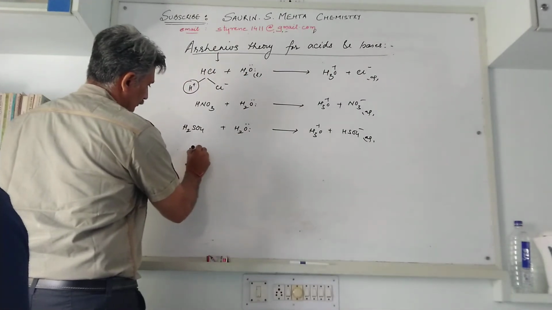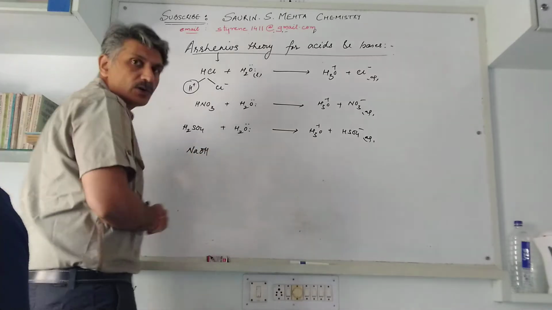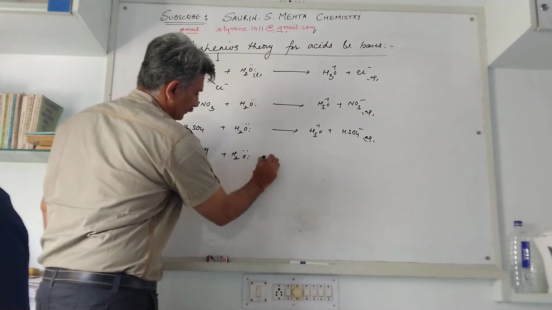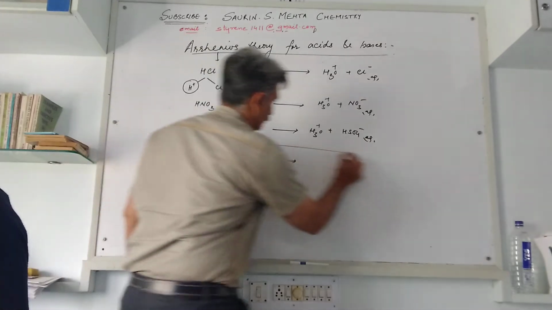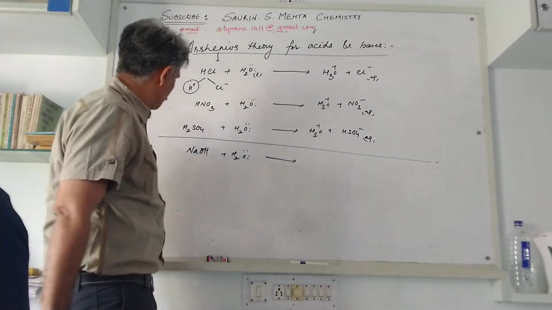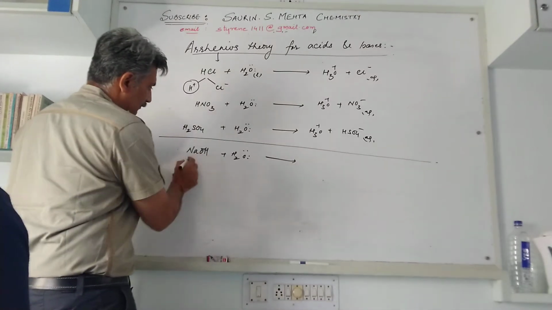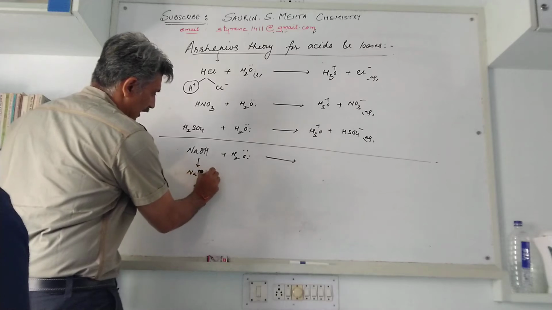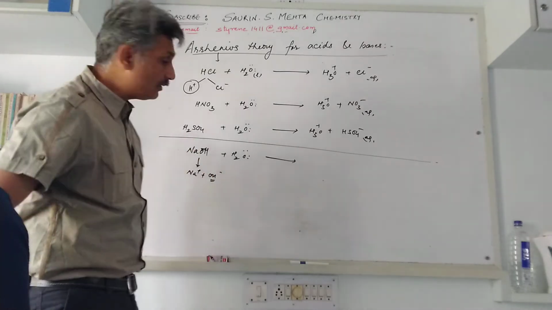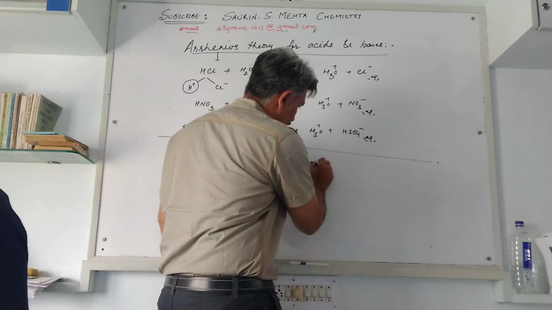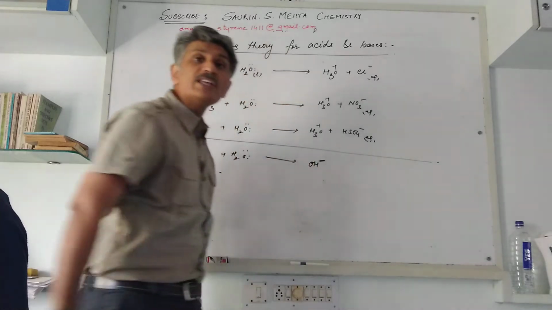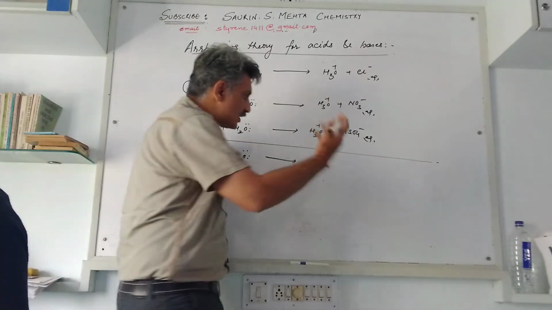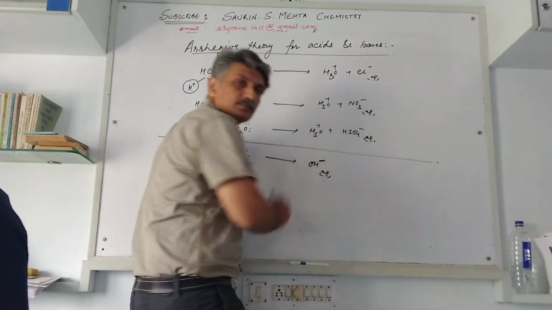Simultaneously, if you consider sodium hydroxide and introduce it in water, what happens? This NaOH ionizes into Na plus and OH minus. That means the release of OH minus ion on reaction with water is considered to be a base.